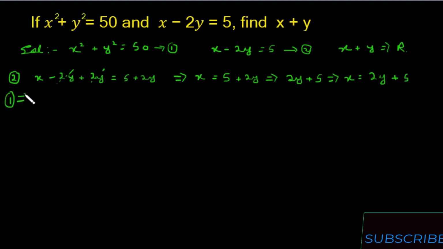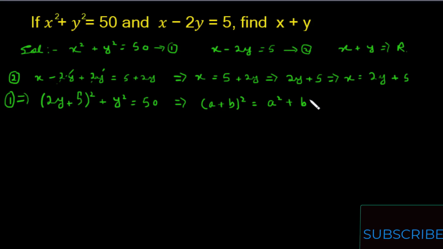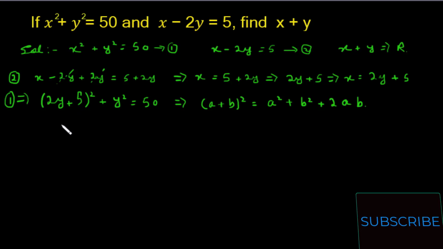So for x I am going to substitute this value, so we get (2y plus 5) whole squared plus y squared is equal to 50. And now I will use the identity that (a plus b) squared is a squared plus b squared plus 2ab. I will treat the first term 2y as a and the second term 5 as b.